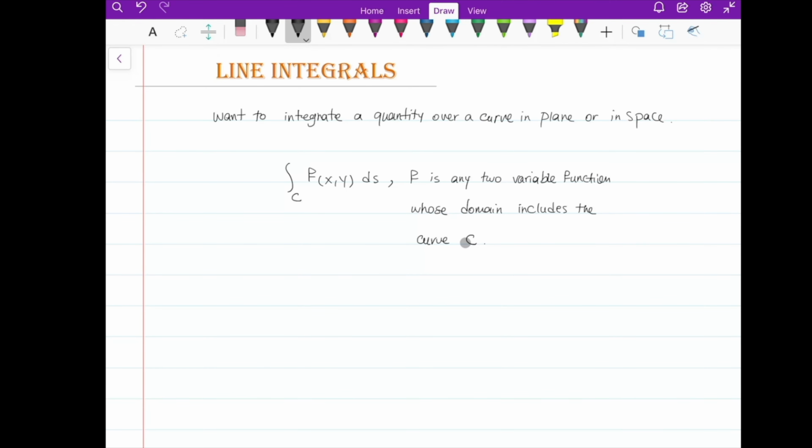Okay, so now let me just graph what we want to do.